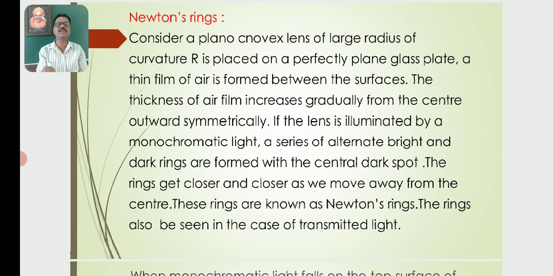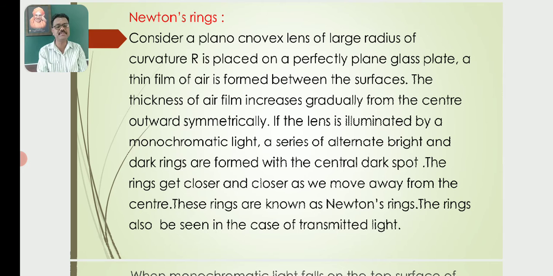The rings can also be seen in the case of transmitted light. The interference pattern consists of a central dark spot surrounded by alternating bright and dark fringes, and the rings get closer and closer as you move away from the center of the system.